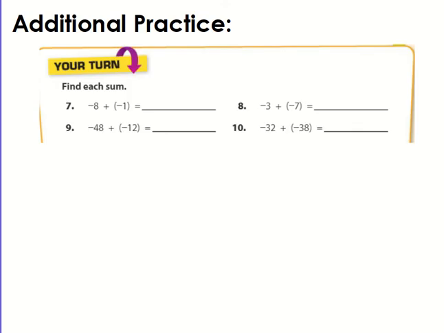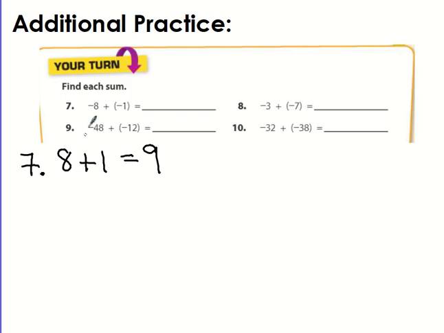So on the additional practice, I'm going to do number 7, and then I'm going to have you pause to do numbers 8, 9, and 10 to show you that you don't always have to draw all the absolute values, as long as you remember absolute value. So for number 7, I can just add these numbers, so 8 plus 1. What I did is I took their absolute values without writing the absolute value symbol. So 8 plus 1 is 9.